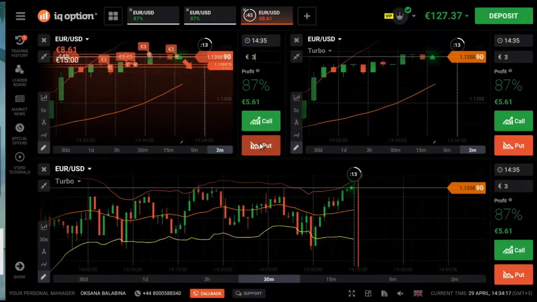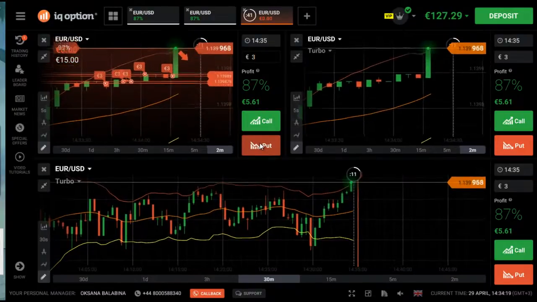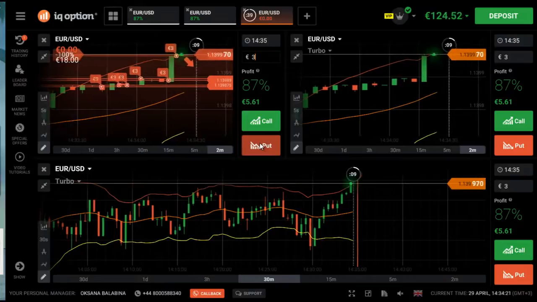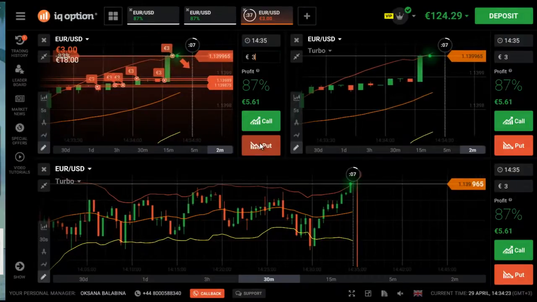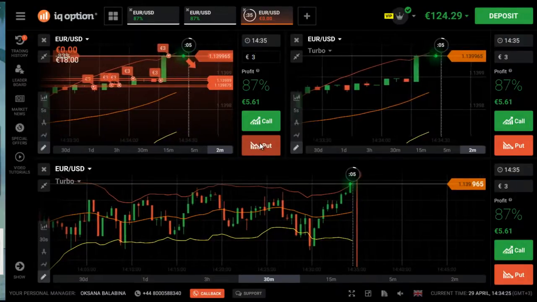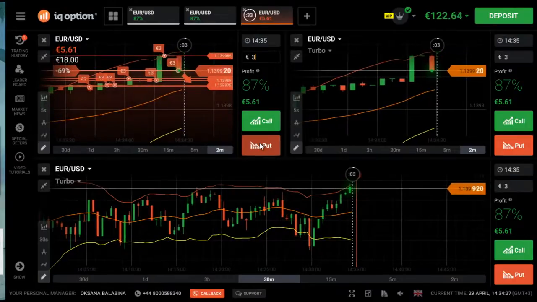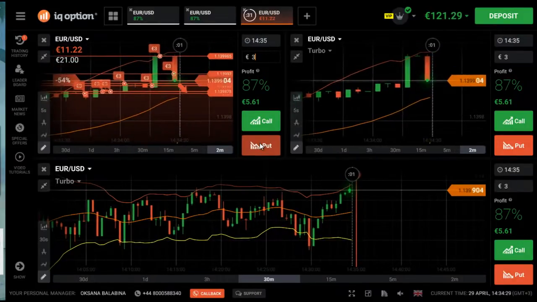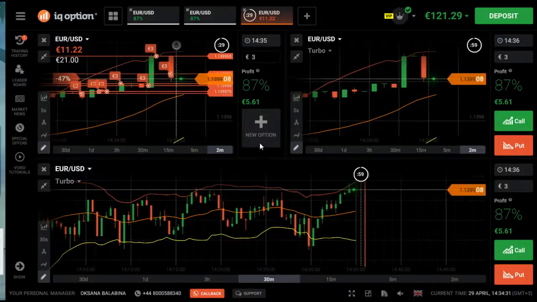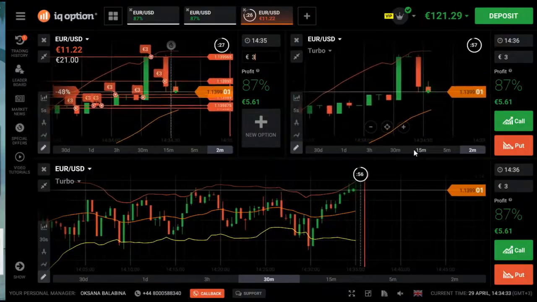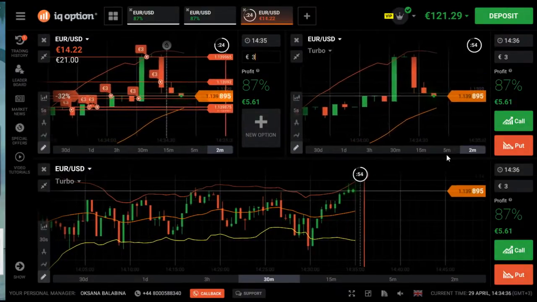I don't know if it's going to be successful during the first option. Now we got the big green, so I'm going to follow it up on the second window here, or maybe it's not necessary.